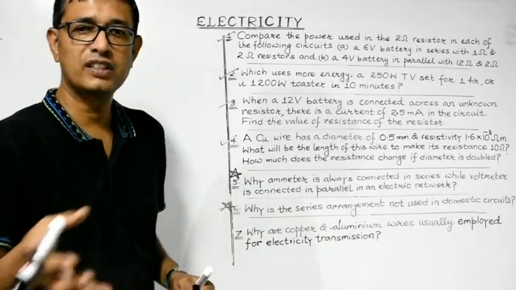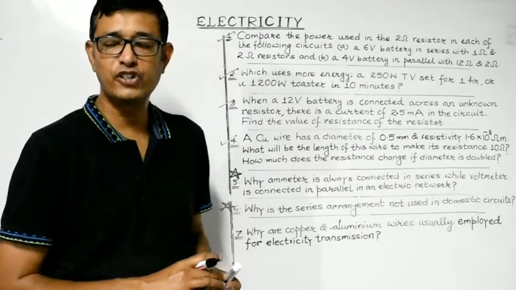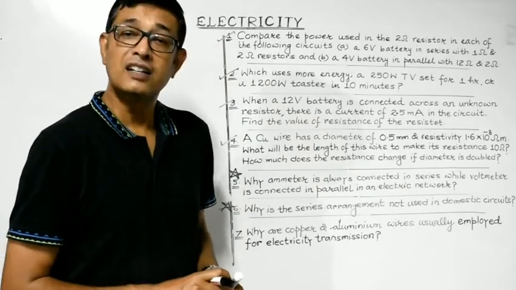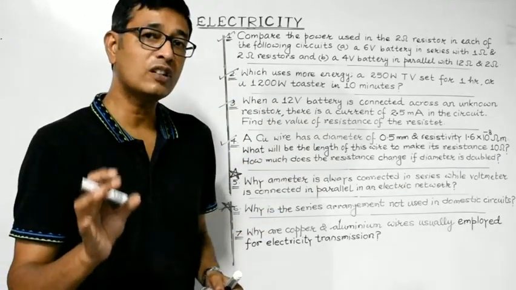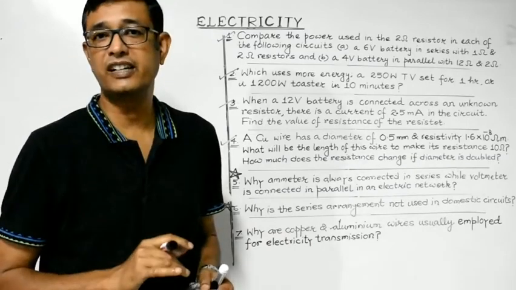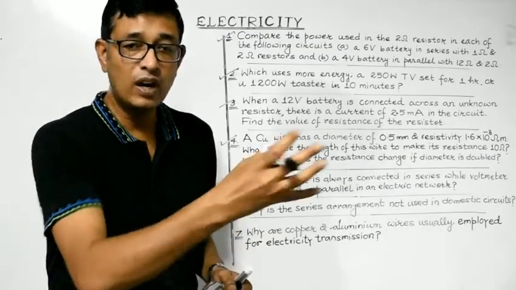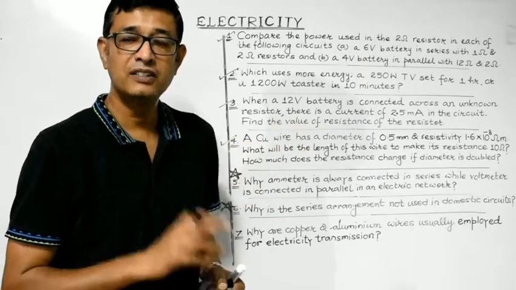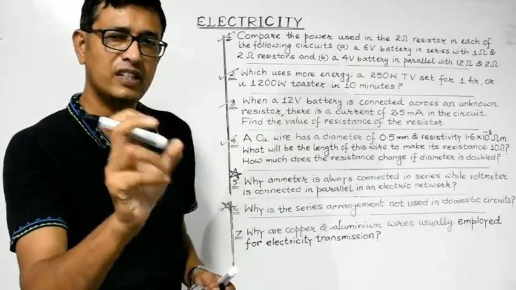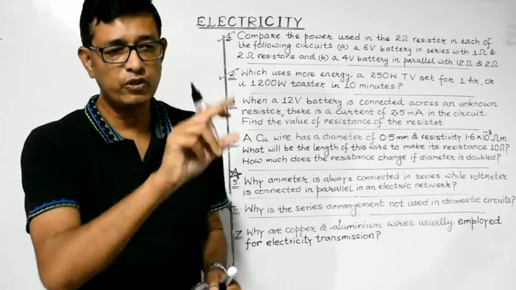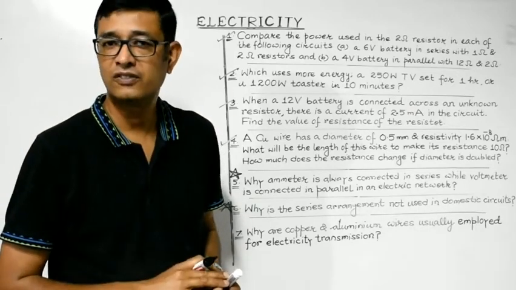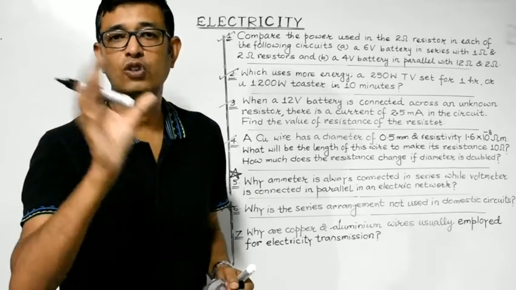Everything is working based on electrical energy only. And all these devices have got different rating, but they operate on the same voltage. They require different currents, but they operate on the same voltage. That is 220 volt or between 200 to 240 volts. Right? That's the operational voltage.